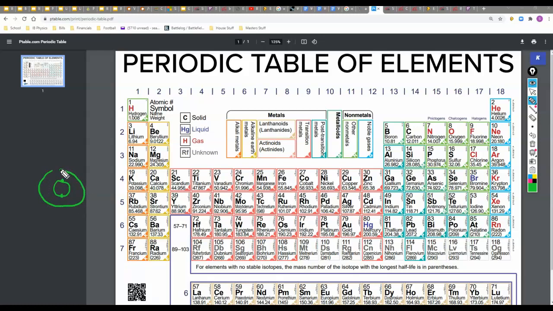The next layer can hold 1, 2, 3, 4, 5, 6, 7, 8 electrons. And then the next layer after that, the third shell, can also hold 8 electrons.